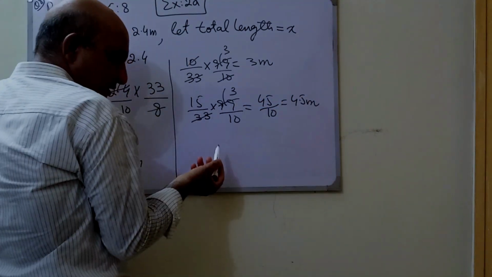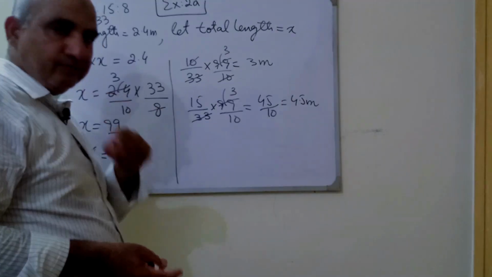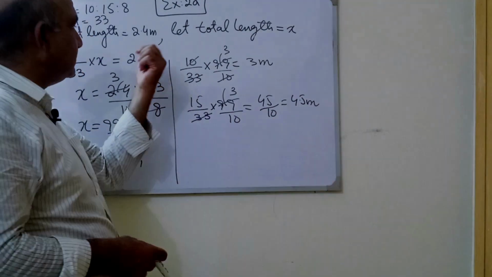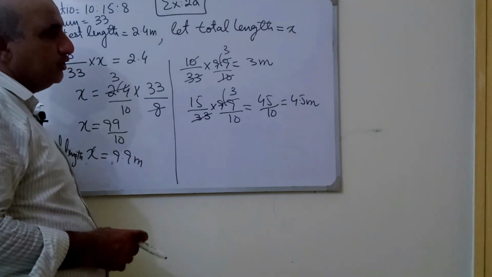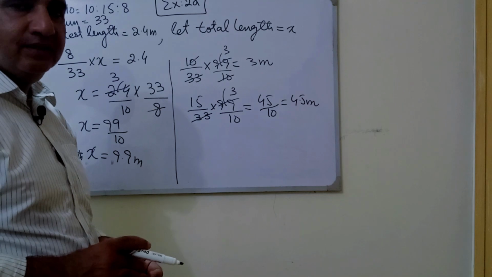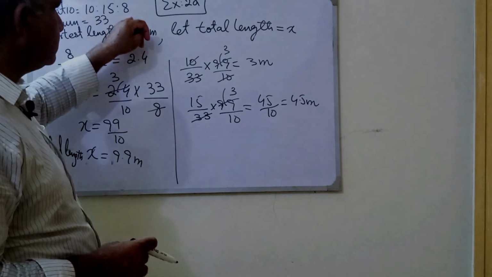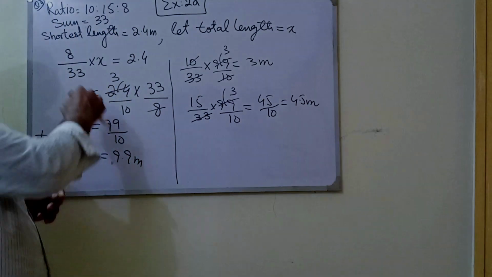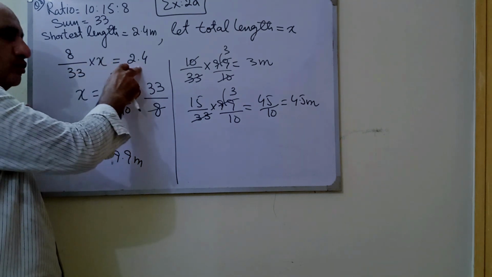He has asked us what the difference of the other two lengths is. He has given us the length of one piece, that is 2.4, and we don't know the length of the other two pieces. He has given us the ratio of the three. So what we have done, we write the ratio over the sum of ratio. From the unitary method, ratio over sum of ratio times total is equal to 2.4.